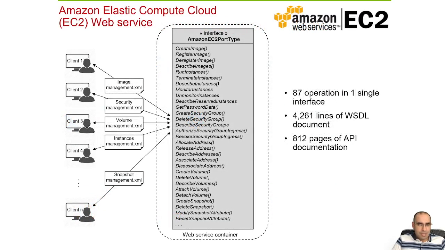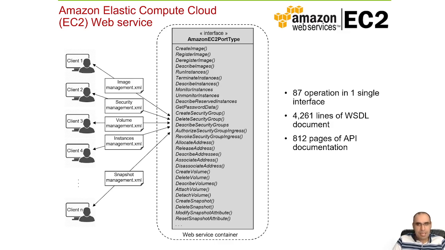Let us see a real-world example, which is the Amazon Elastic Compute web service, EC2. This web service exposes 87 operations in one single interface, and the WSDL, the interface documentation, has 4,000 lines, and there are over 800 pages of API documentation.